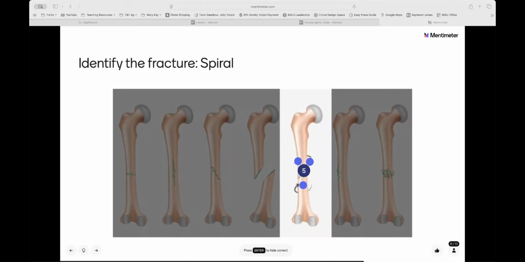So we see a corkscrew-like appearance to that fracture. What is the most common cause of a spiral fracture? What are we concerned for when we see spiral fractures? Abuse. Yep, child abuse. So very difficult for a child to be able to do that forceful twisting motion in an injury. So that's why we typically suspect that there was child abuse for that spiral fracture.